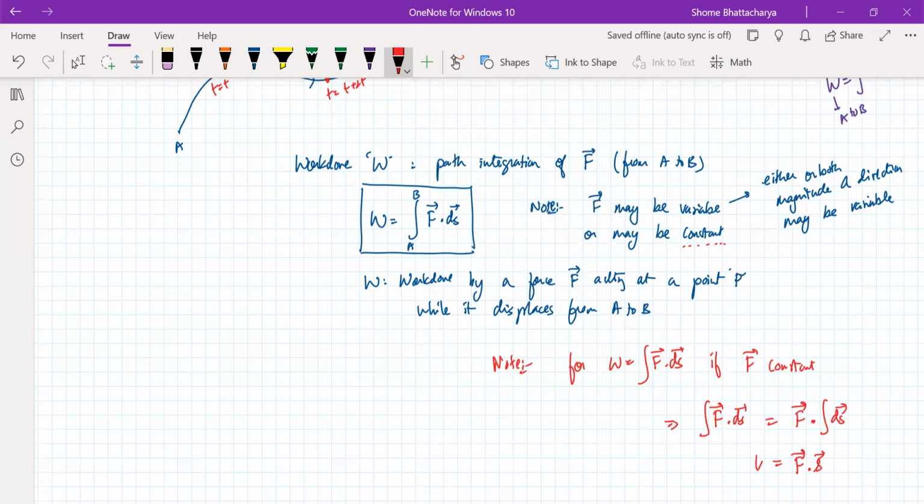So we are back to the earlier formula we had seen. This is a special case for work done when force is constant.